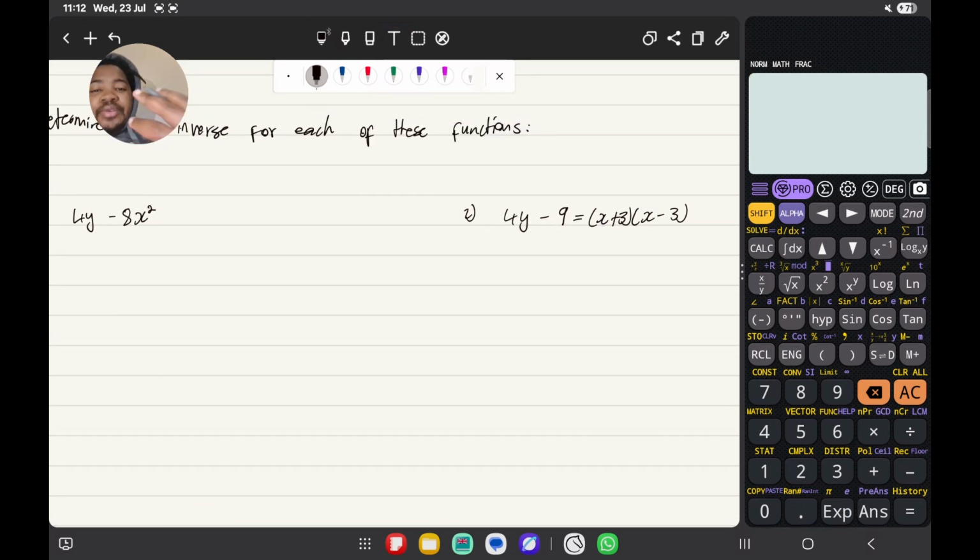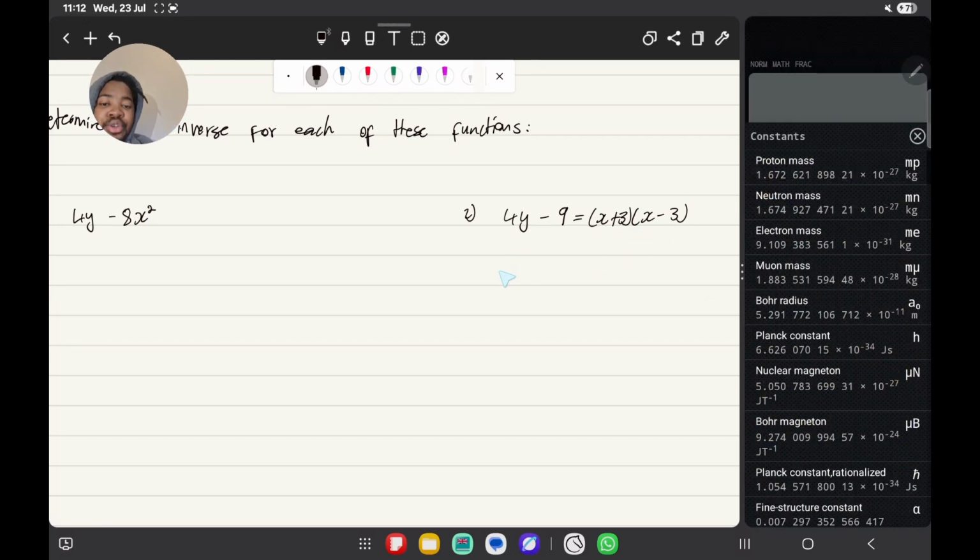Cool. So we're still finding the inverse functions for the parabola here. Remember, let's swap first. So when you swap, you would have 4x minus 9 equals y plus 3, y minus 3, right?